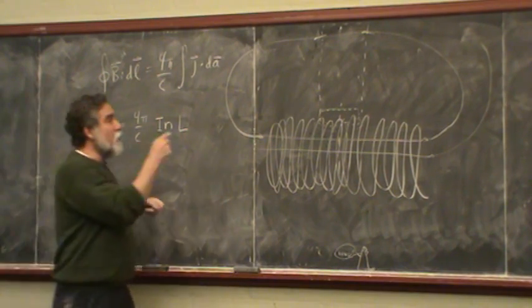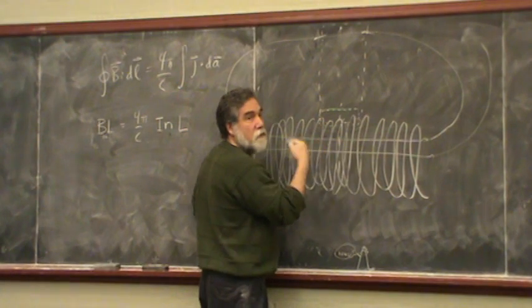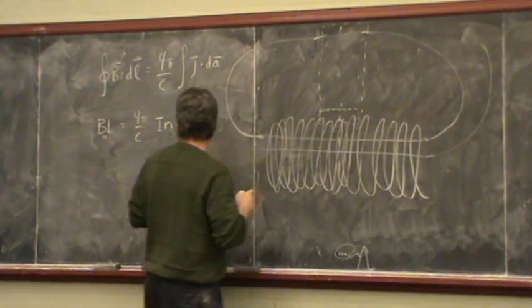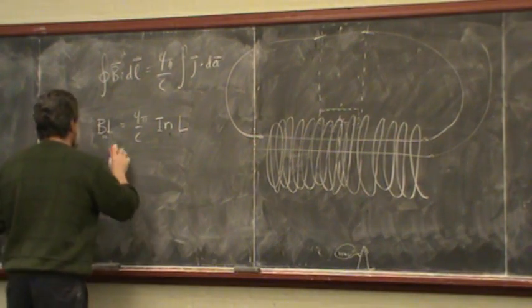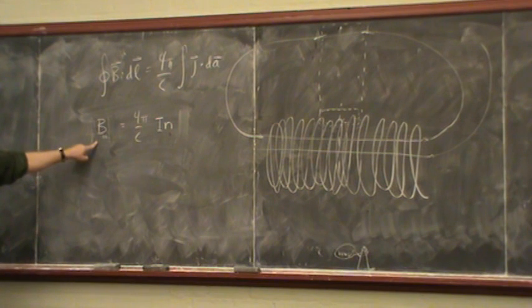But then how many wires actually go through here is going to be n times L. So the total current is the current per wire times the number of wires in this region. Okay? L goes out, and I'm left with the magnetic field at the center of the solenoid.